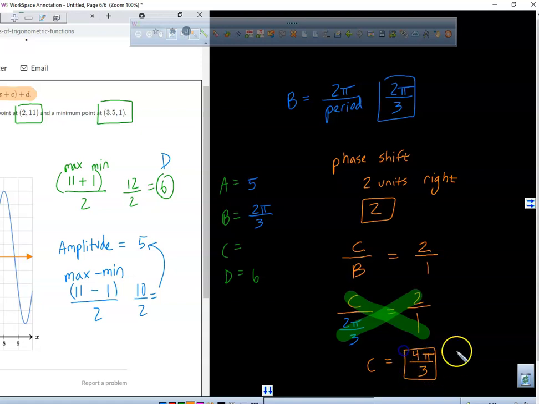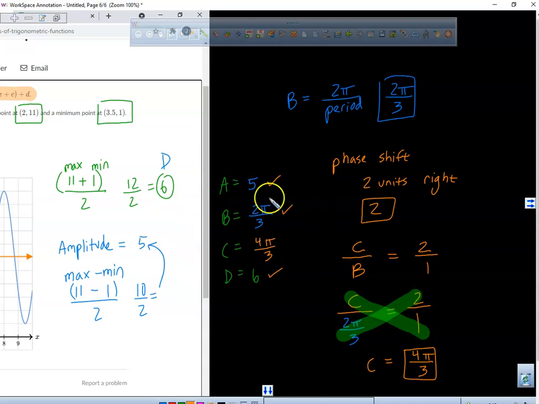So let me quickly go over the process that I do. Step 1, what do I always do? Find the D value. Step 2, what do I find? The A value. Step 3, what do I find? The B value, because I need the B value in order to find my C value. So now I'm going to put right here 4 pi over 3.